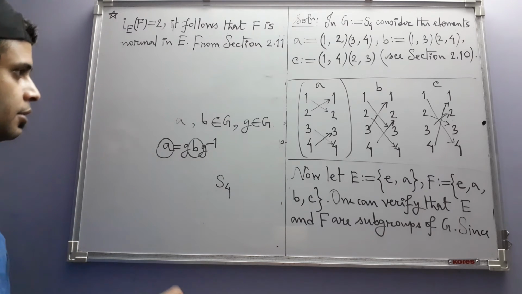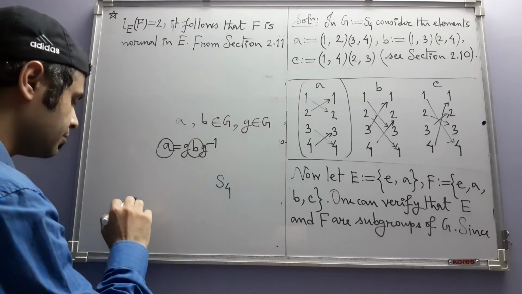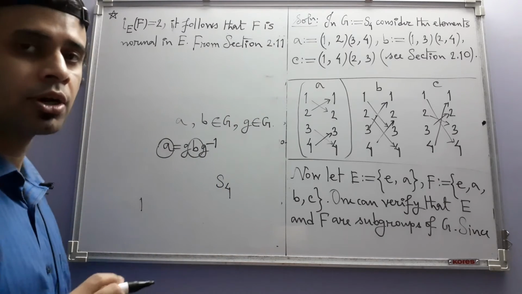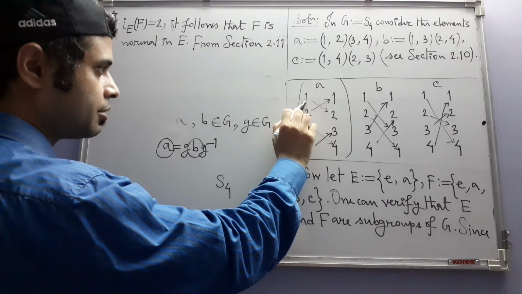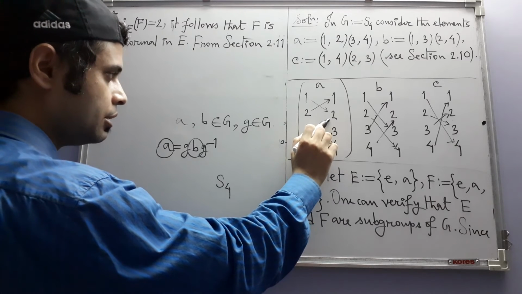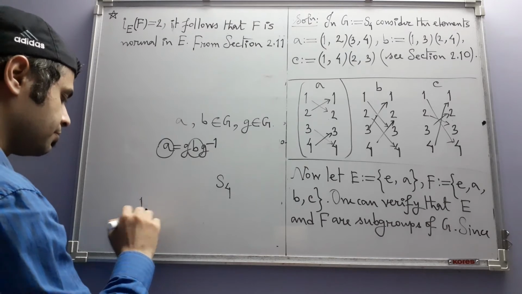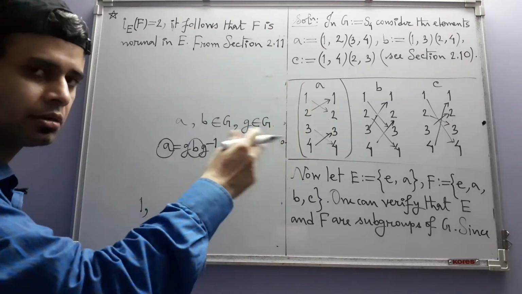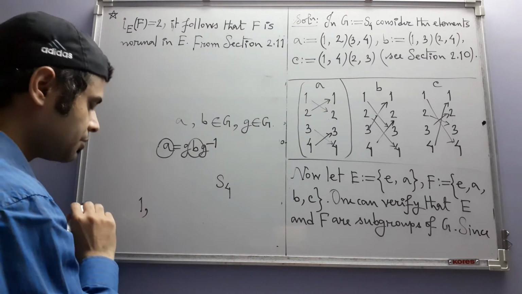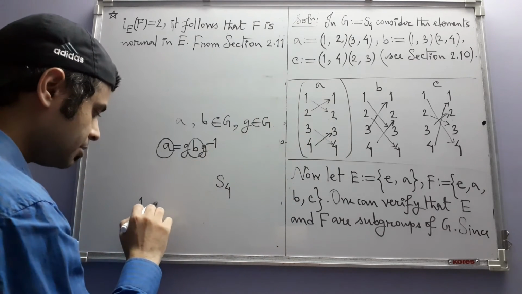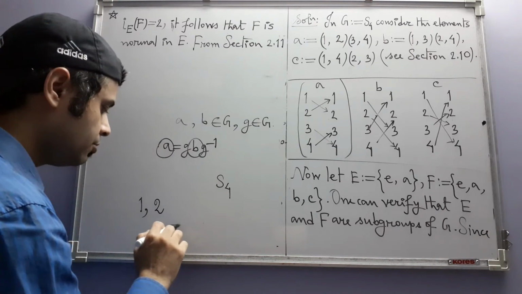Now what we do when we write such an element, we look for cycles. Say you start with 1, the image of 1 is 2. So we start with any one element in the set where the permutation is happening, and then next we write its image, and after that we write the image of 2.